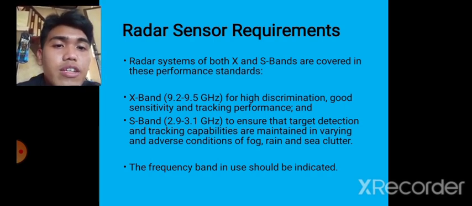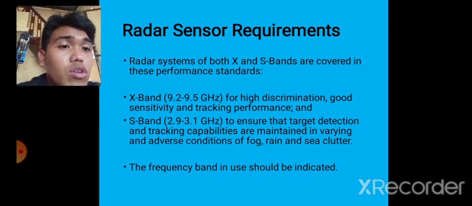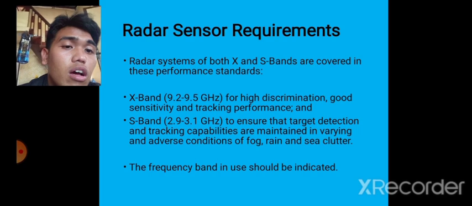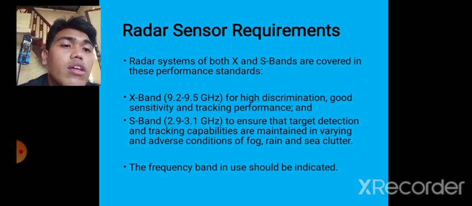Next is the S band. There it should be 2.9 to 3.1 gigahertz. It is to ensure that the target detection and tracking capabilities are maintained in varying adverse conditions of fog, rain, and sea clutter.